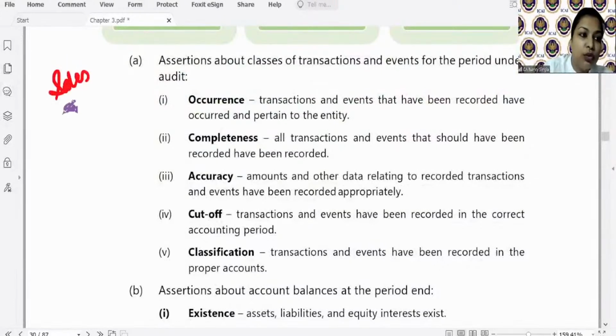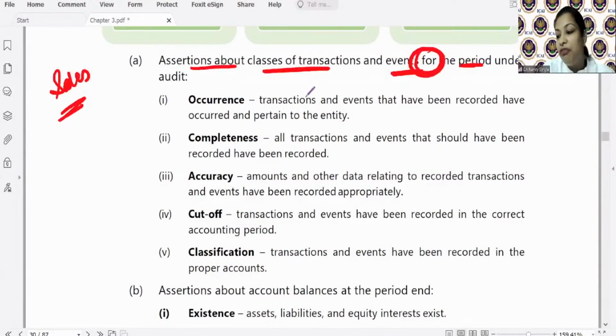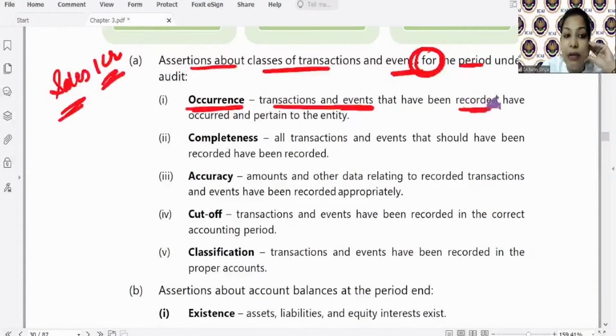So when the auditor is checking, let us just look at all these assertions. Let's say with respect to sales. So, assertions about classes of transactions or events for the period, so income and expenses for the period. It means that the management is declaring that if, let's say, sales of 1 CR are disclosed in the P&L, the transactions and events that have been recorded have occurred and pertain to the entity.